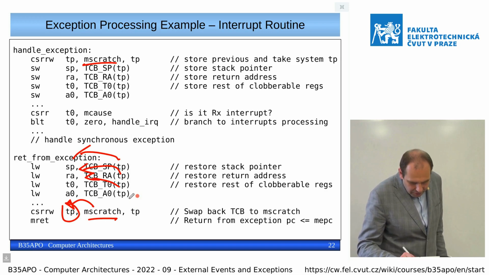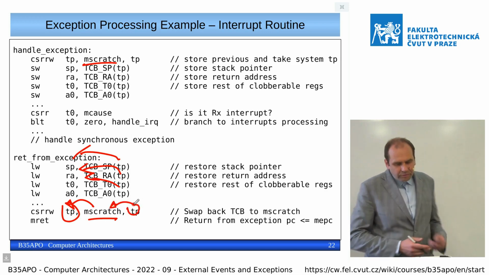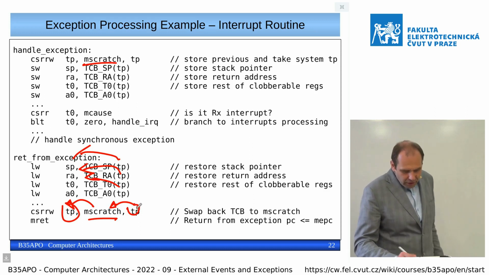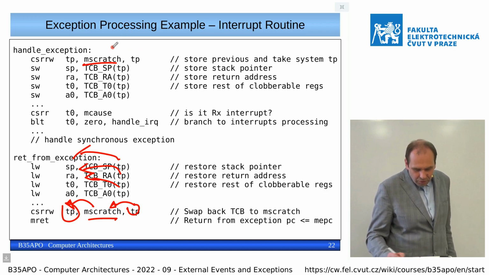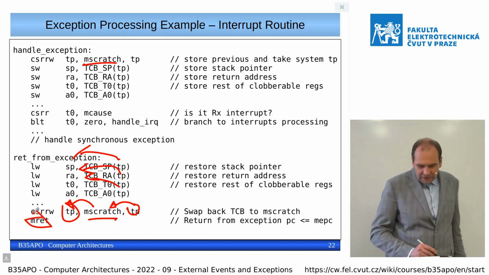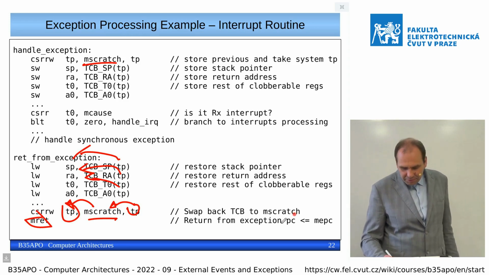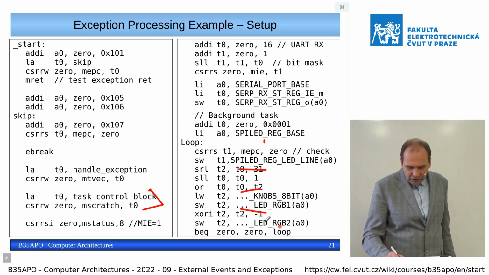And we put back into the scratch register the value of our pointer to the task control block. And then mret is invoked, and this instruction ensures that the PC returns to the instruction where there was the interrupt in that background task.